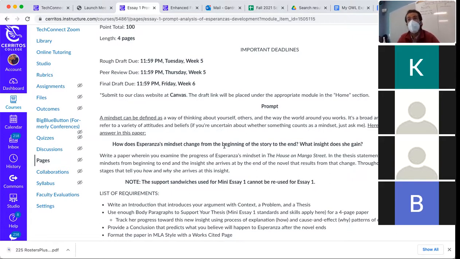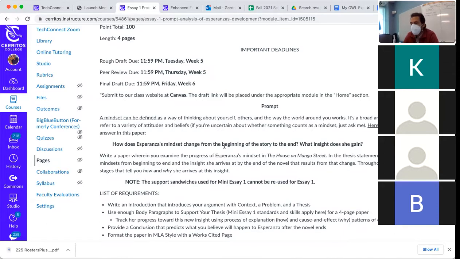It might be some rambling or repetition. I really want you to focus on 2 well-developed support sandwiches that are backing up a claim. And to help you meet that page length, I think coming up with 4 points to make would be the best way to go about it. I say that because it's always easier to cut than it is to go and do more research at the last second, okay? So prepare for more. If you don't need it, you can always get rid of it, okay? All right, other questions about the essay?